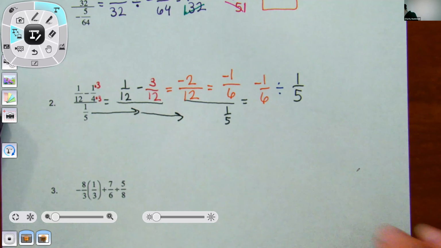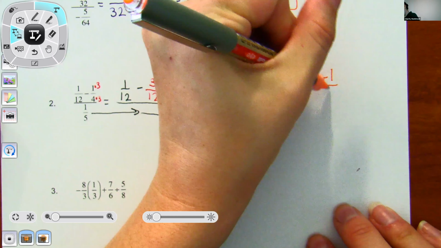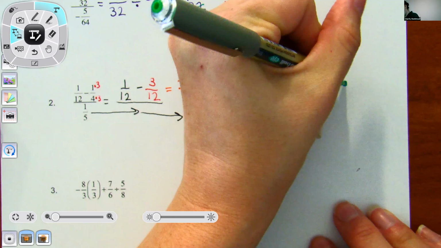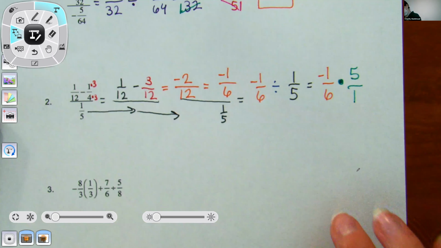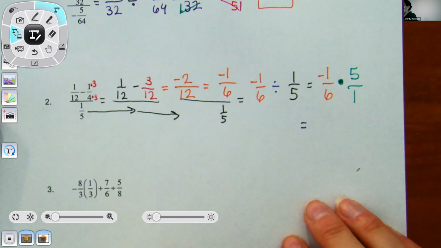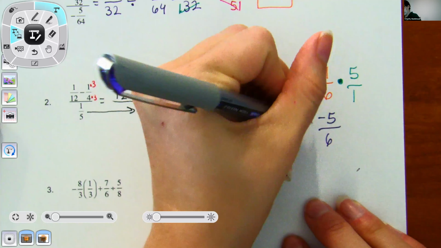So we're going to have -1/6 times 5/1. All right, and there's nothing to reduce, so just multiply straight across. So -1 times 5 is -5, and then 6 times 1 is 6. So -5/6 is the final answer.